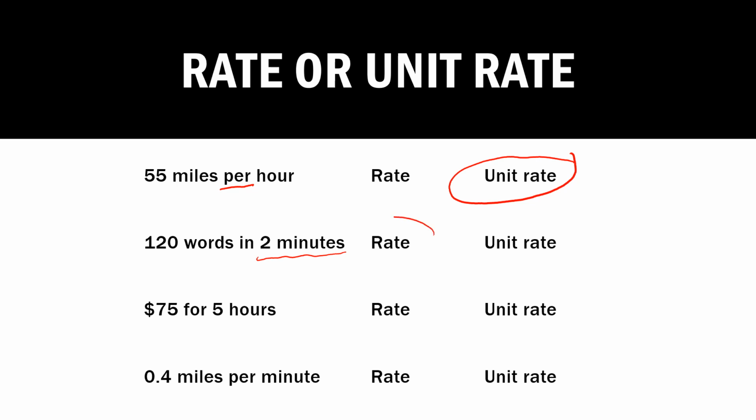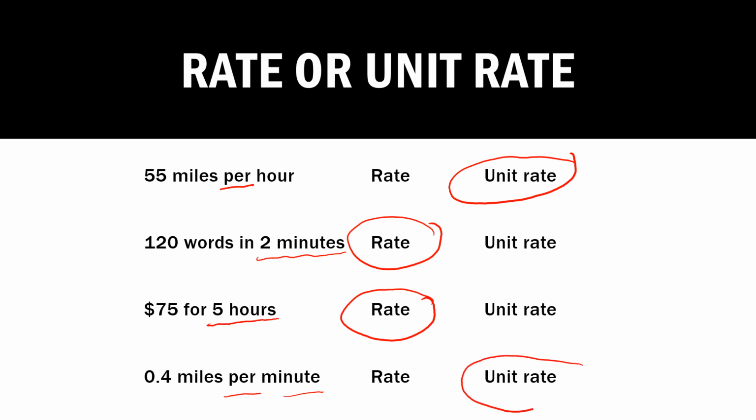That is a rate. $75 for 5 hours. That is also a rate. 0.4 miles per minute is a unit rate. Notice, unit rates have keywords such as per, or sometimes they might say in 1.